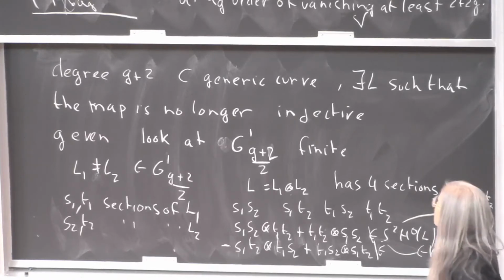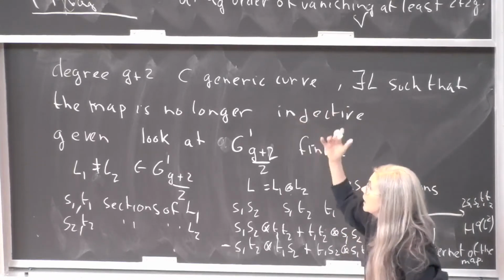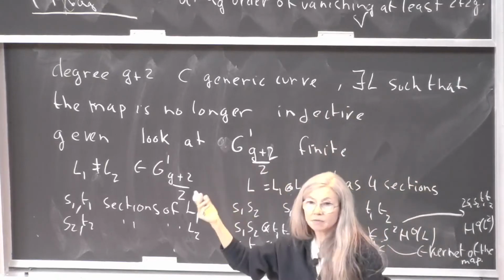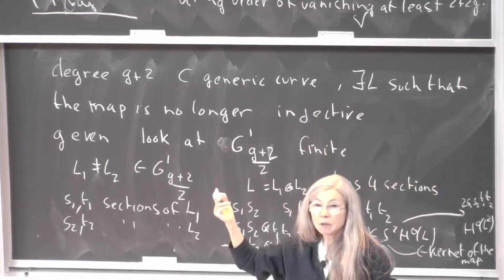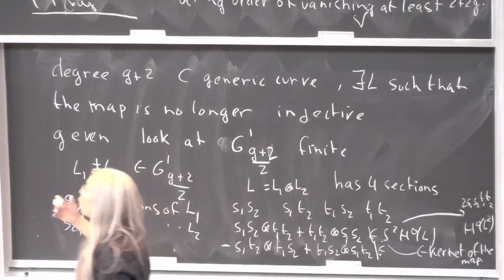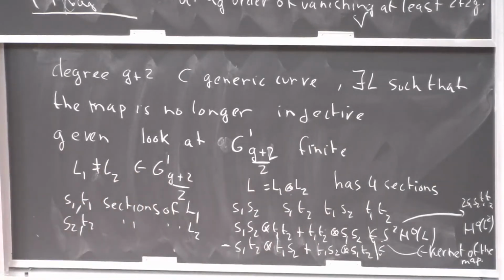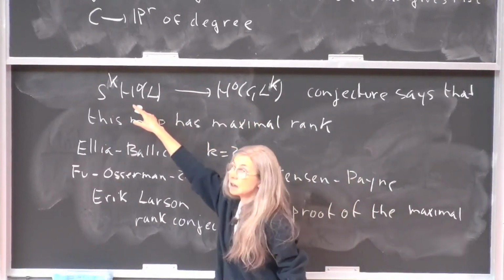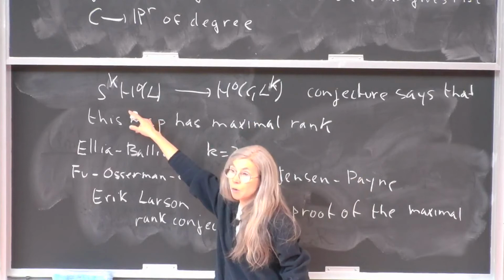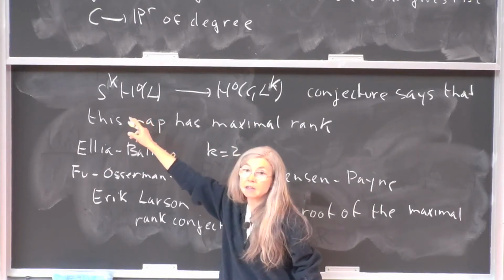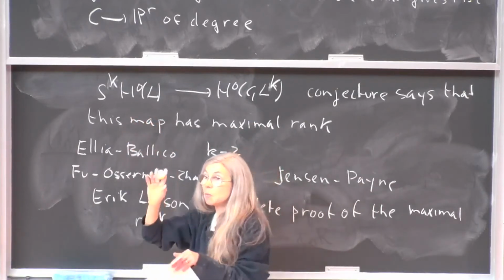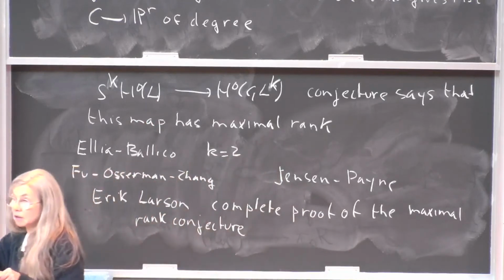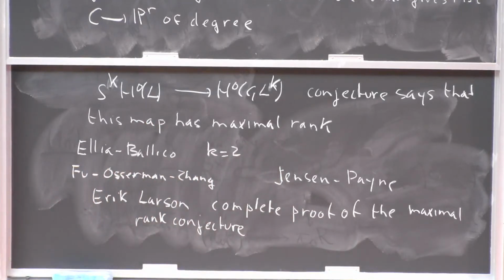Now, the fact that when the degree increases the map is not injective is not surprising, because if you look at how the right-hand side grows, that's going to grow linearly in the degree, while the left-hand side is going to grow quadratically in the degree. So you would expect that at some point, things stop being injective and start being surjective.